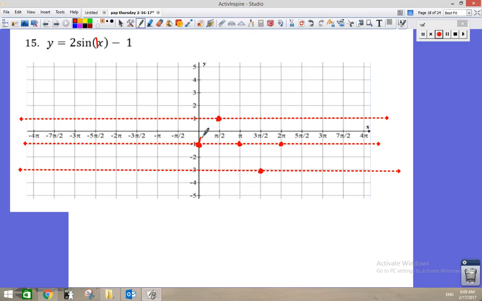So here's what I always refer to as that primary cycle, or fundamental cycle, or first cycle for sine. And this up and down pattern is going to continue on forever to the left and to the right.